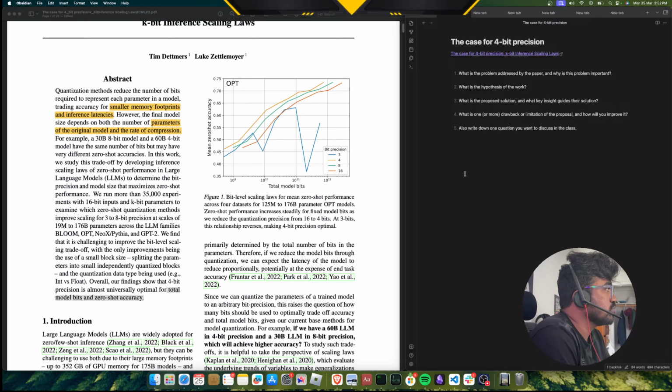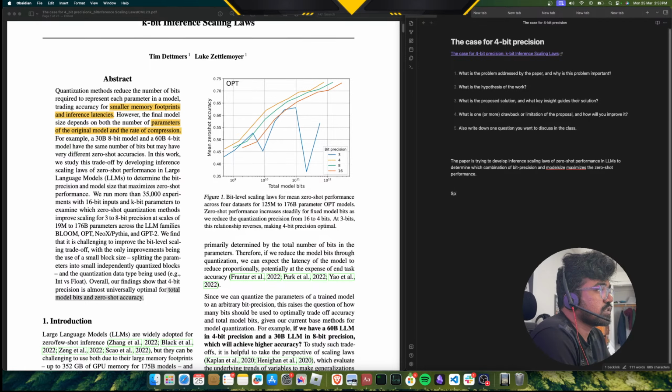The paper is developing inference scaling laws for LLMs to determine which combination of bit precision and model size maximizes the zero shot performance.